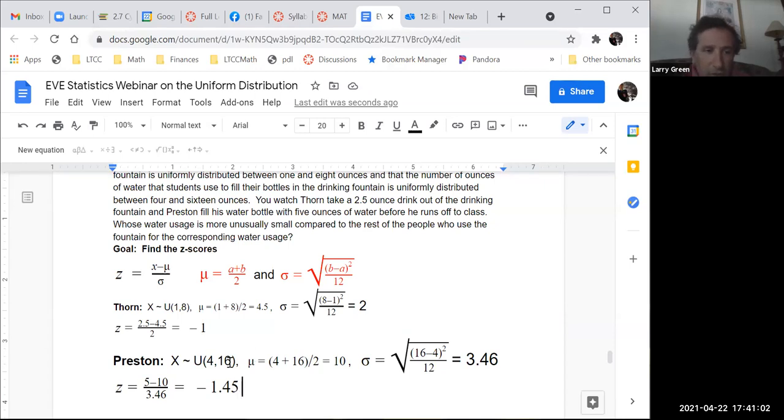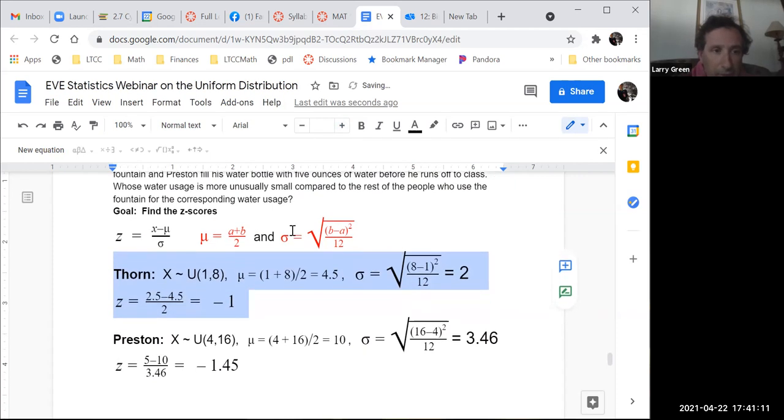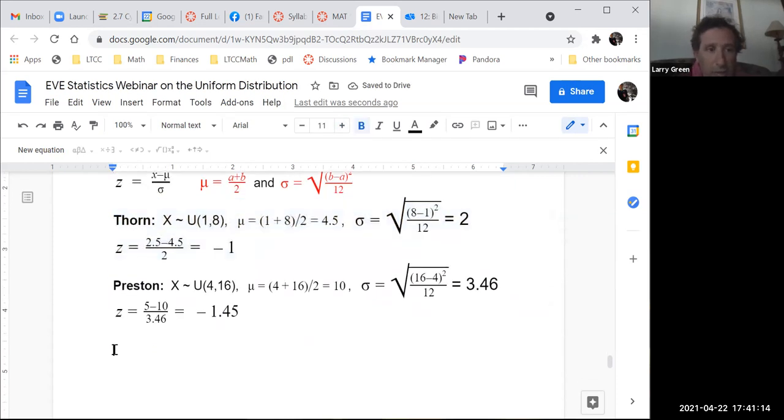All right, so who's more unusual? Let's make this one big too. Who's more unusual, Thorne or Preston, based on the z-values?